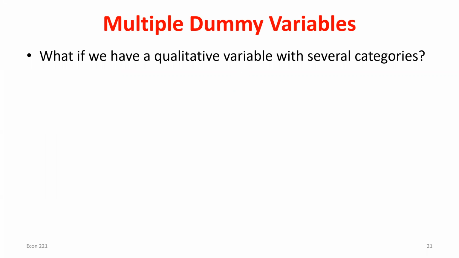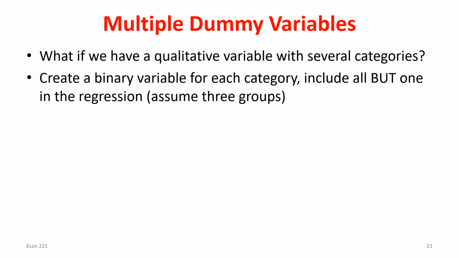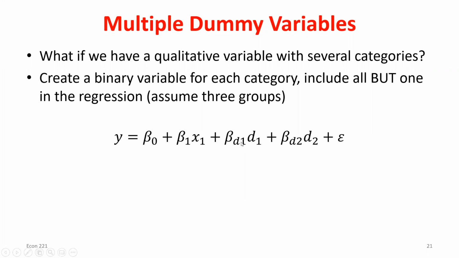What happens if I have a dummy variable that isn't just binary, but takes on different values for several different groups? So what we're going to do there is create a dummy variable for every single possible group and then leave one of them out, right? So I'll have several dummy variables, but for one of those groups, I'm not going to include a dummy variable.